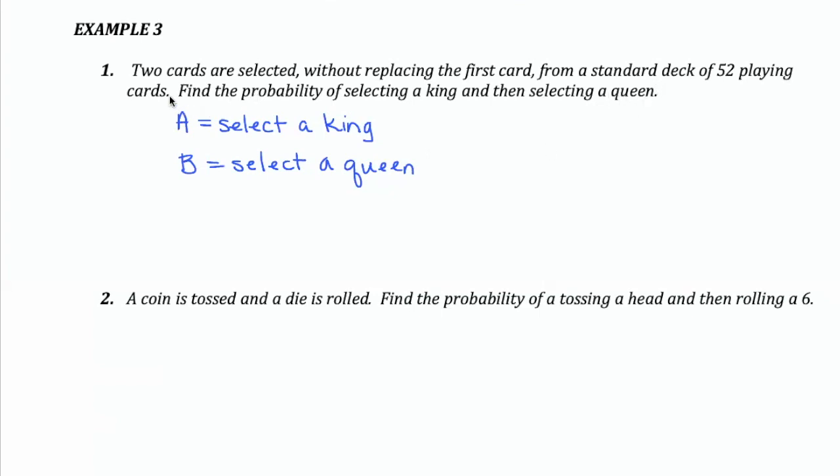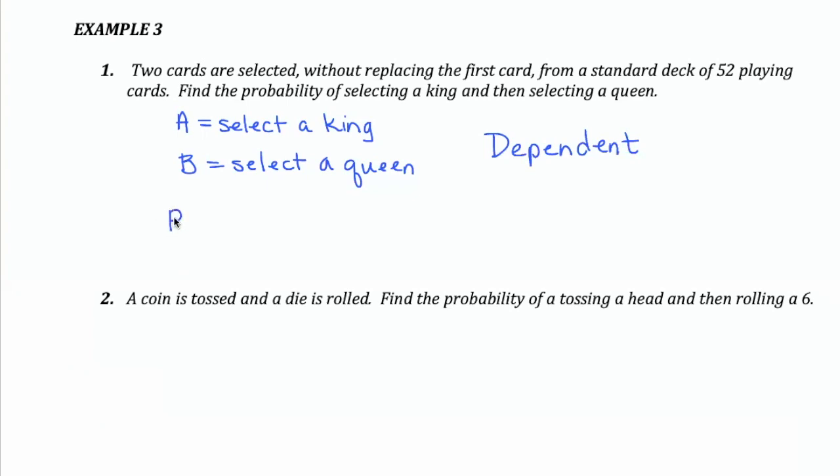Since we don't replace the first card, as we've seen in previous examples, that is going to affect the probability of what happens after that first card is taken out. So therefore, these events are going to be dependent.